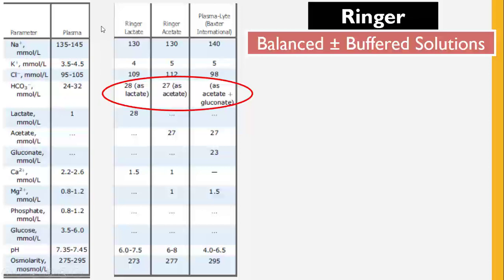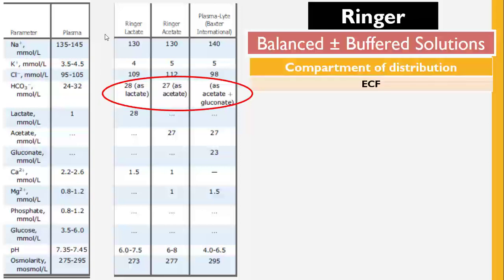We have here some types of plain Ringer with no buffer. As an isotonic crystalloid, what is the main compartment distribution? It will be the extracellular space. Sure. The main indication: any isotonic crystalloid is a very good fluid for resuscitation. And here we can use it without fear of metabolic acidosis.